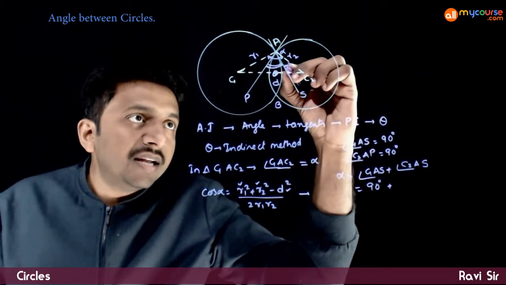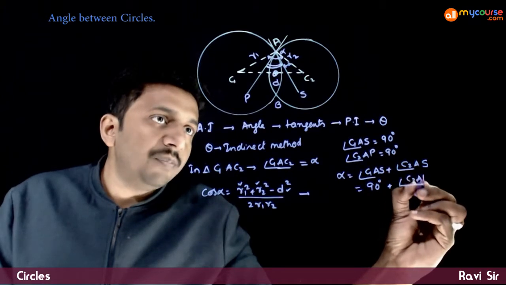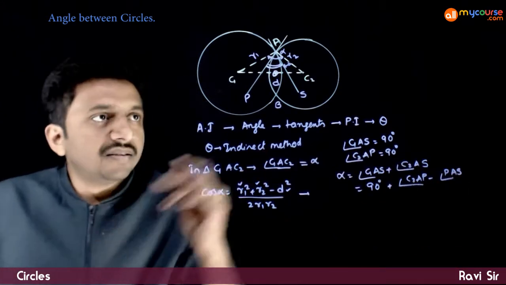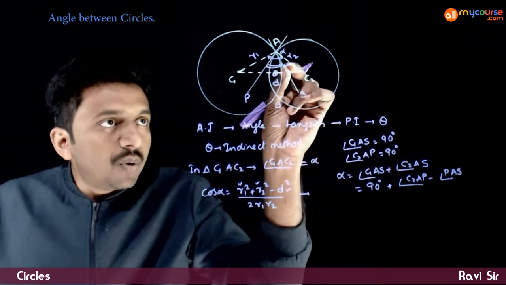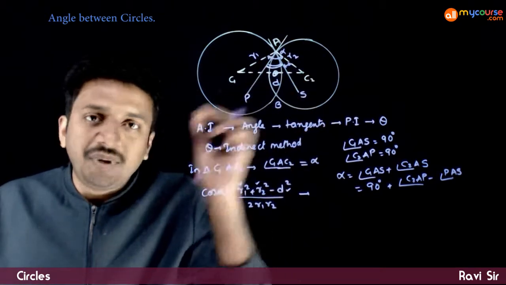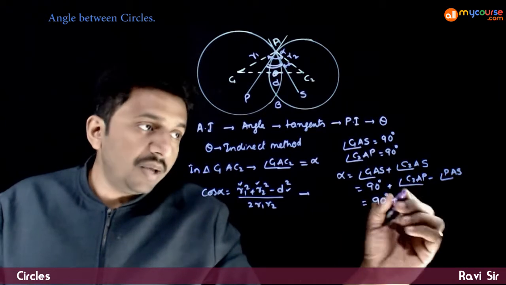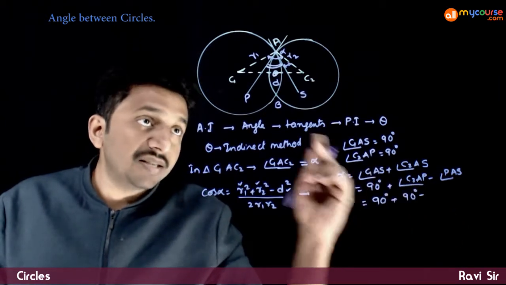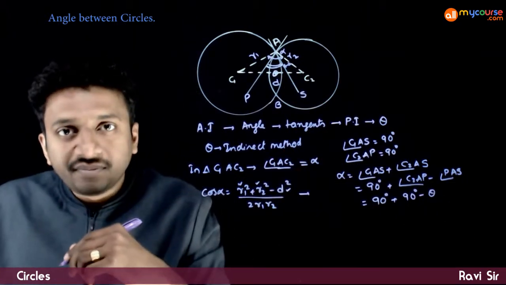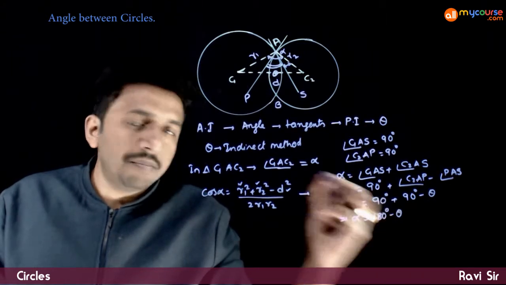This small angle C2AS can be written as angle C2AP minus angle SAP. That is equal to 90 degrees plus 90 degrees minus angle PAS, which is nothing but angle theta. This implies alpha is equal to 180 degrees minus theta.